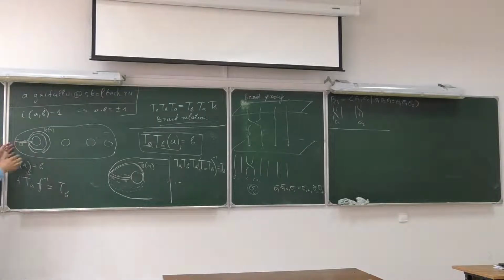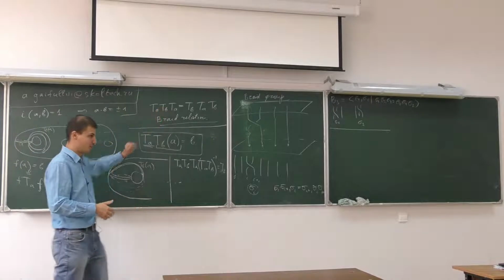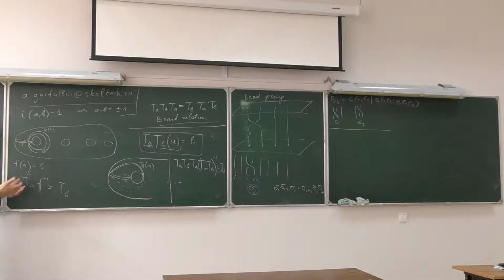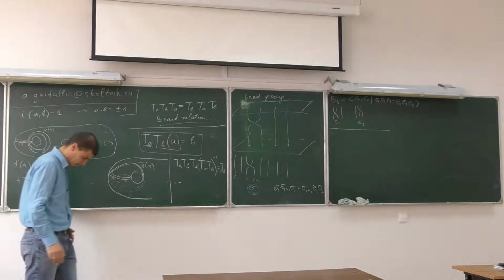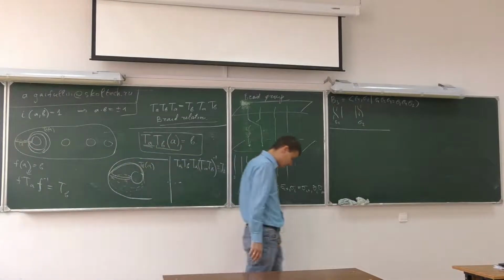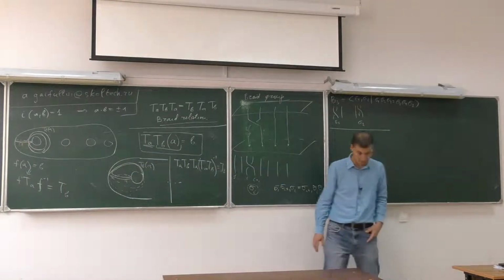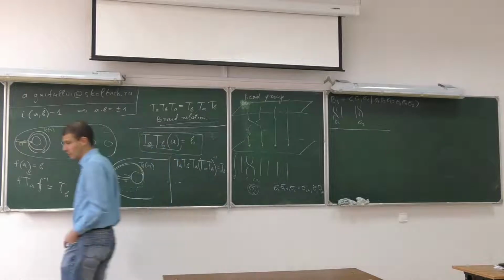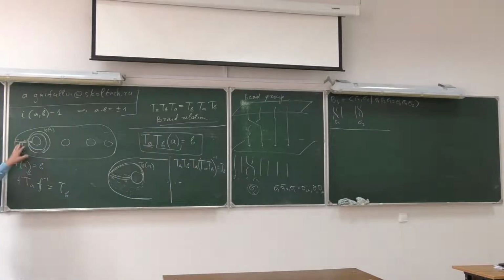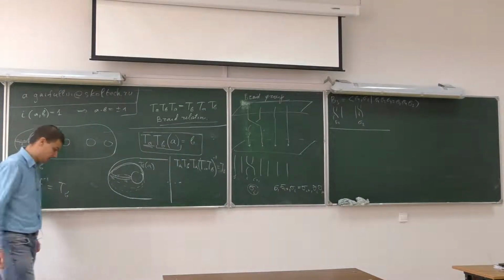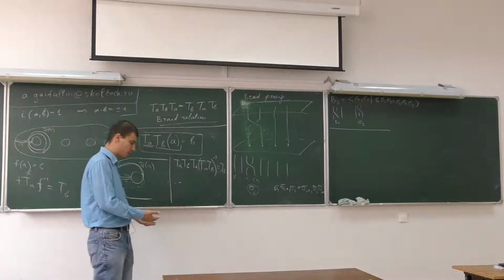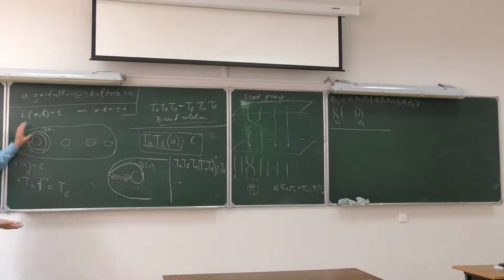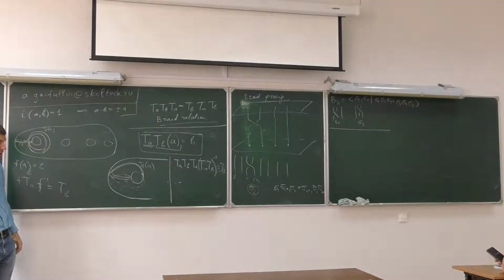Of course, there are many relations which follow from this, but does this relation imply all relations between these two Dehn twists? And the next interesting question is, suppose that this intersection number is greater than 1. What are the relations between the corresponding Dehn twists?